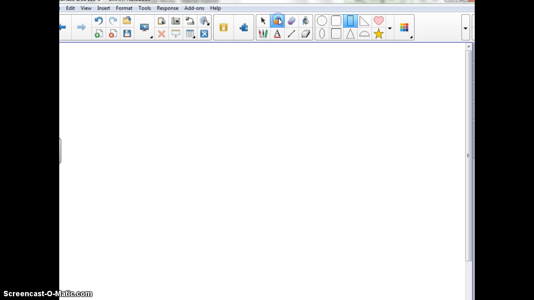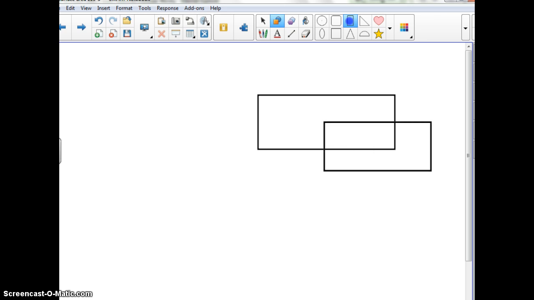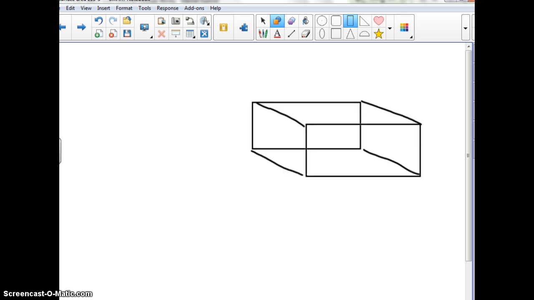Okay, watch this shape. Okay, now when you make your second shape, watch where I start, Kaden. I start right here. Right in the center. Okay? And then I drag it this way. Then I can make my connections. All right.